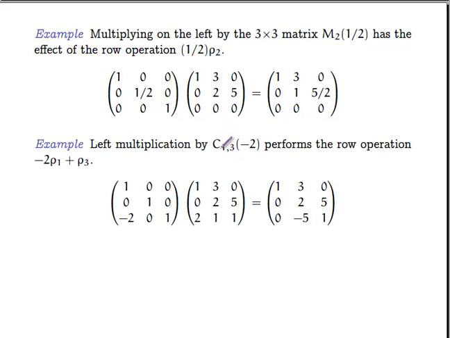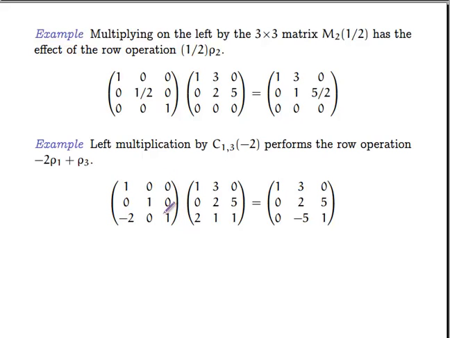Now C13 of minus 2, that's minus 2 times the first row plus the third row applied to the identity. So we can see that's what we have here. This last row here is the same as minus 2 times the first row plus the third row.